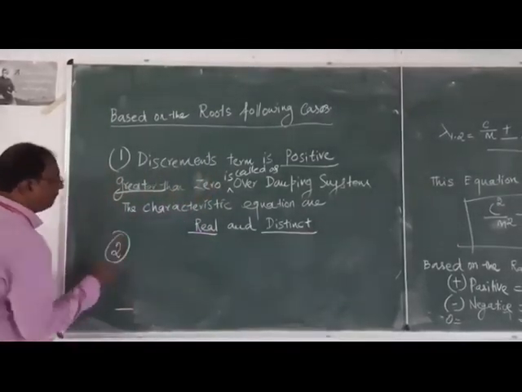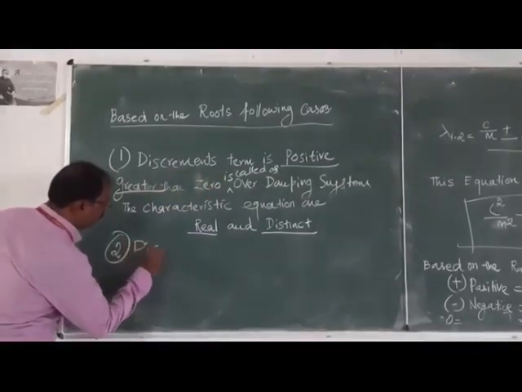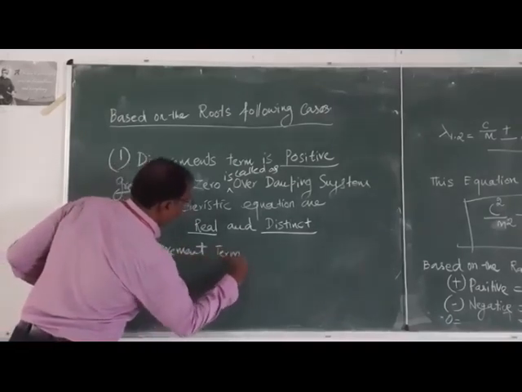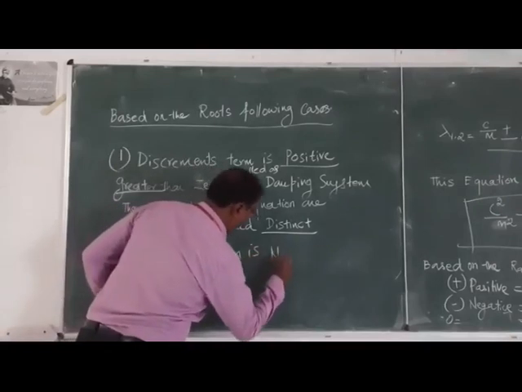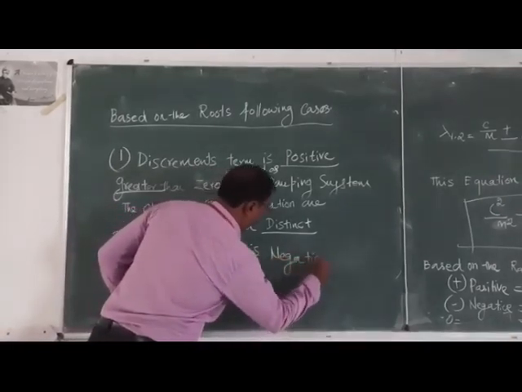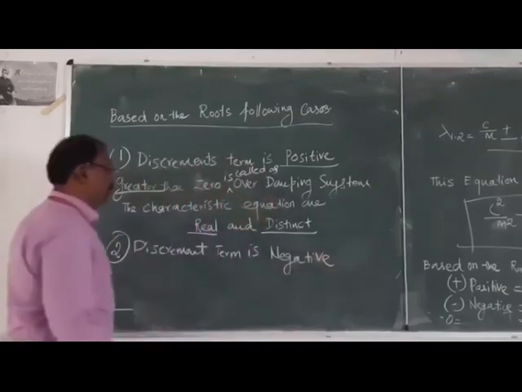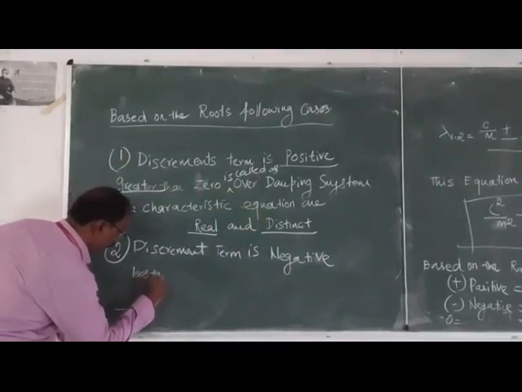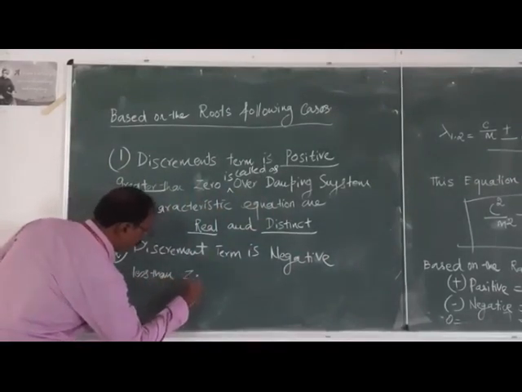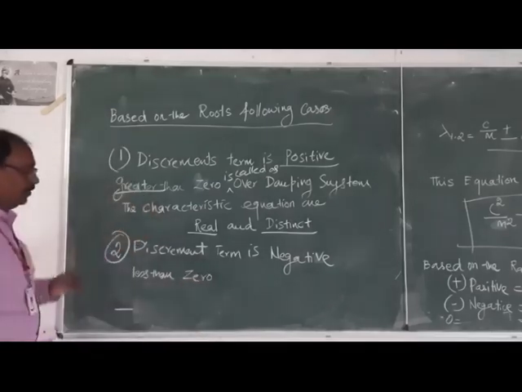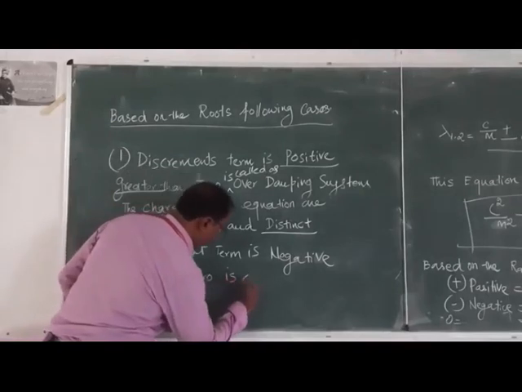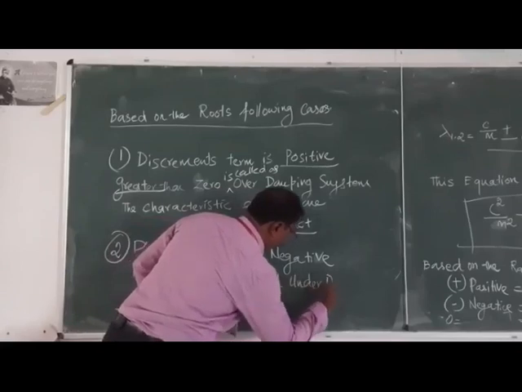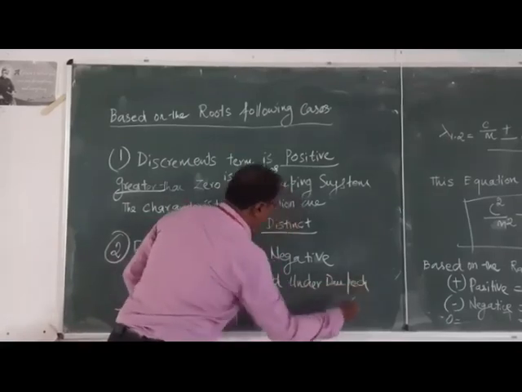Similarly, if the discriminant term is negative, less than 0, it is called an underdamped system.